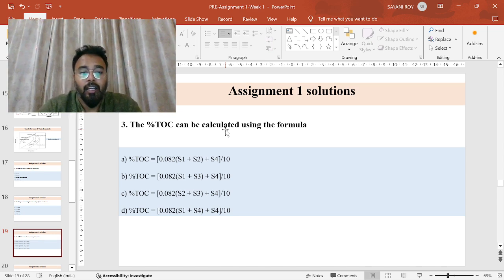Next option is percent TOC equal to 0.082 S1 plus S3 plus S4 divided by 10. Option C is 0.082 (S2 plus S3) plus S4 divided by 10. And option D is 0.082 (S1 plus S4) plus S4 divided by 10.